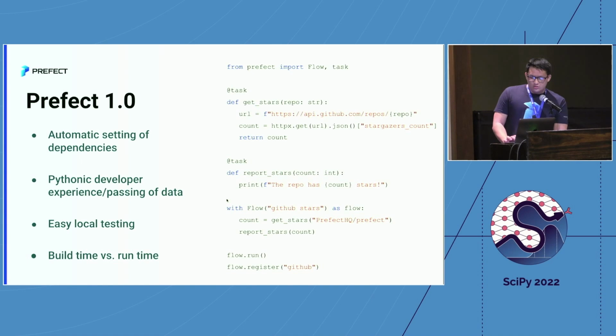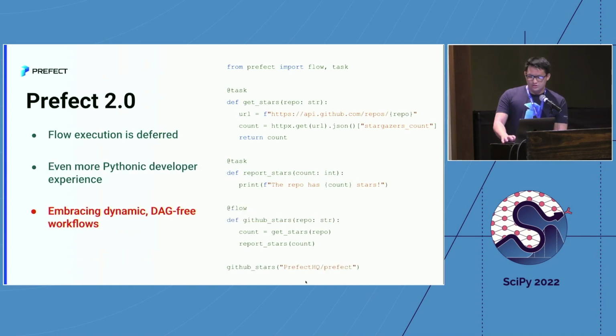Prefect 1.0 was already very Pythonic in a sense that just by calling these tasks inside the flow block, number one, you get automatic passing of data between tasks. Number two, you get automatic setting of upstream and downstream dependencies, and we can construct that graph from that. When you're ready to test it, you just do flow.run. And when you're ready to productionize, you do flow.register.